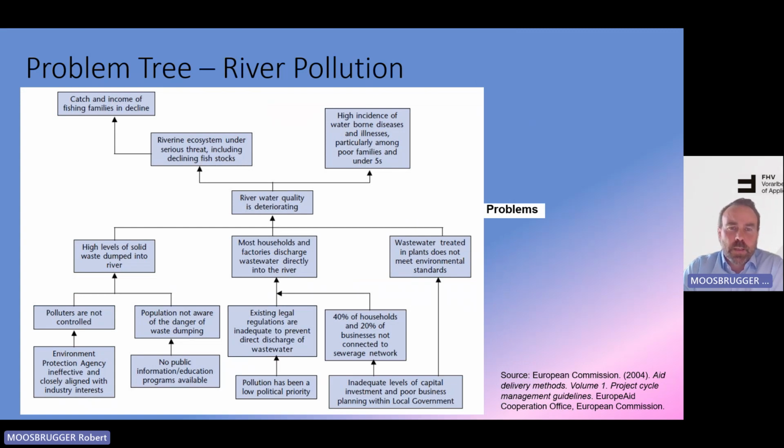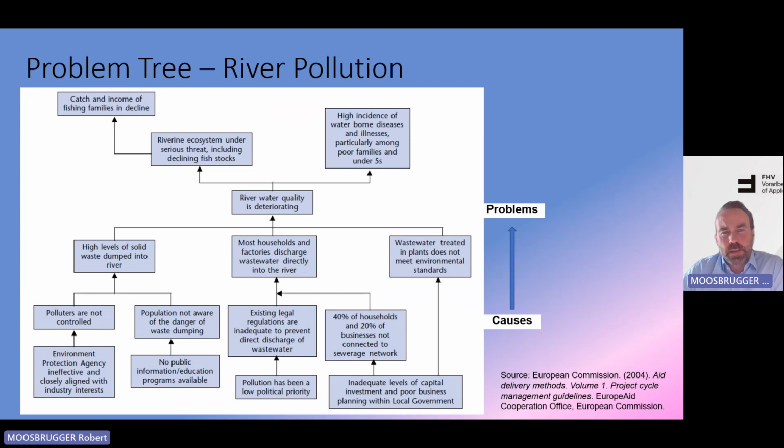So here the problem is that the river water quality is deteriorating. That's the main challenge that you or your organization want to address in this particular community. Then you start to look into the causes of this problem. For example, high levels of solid waste dumped into the river, or that there is no wastewater treatment, etc. And you look also into the various sub-causes of the causes that lead to this problem.